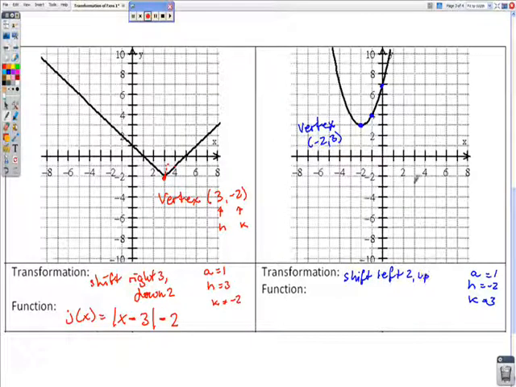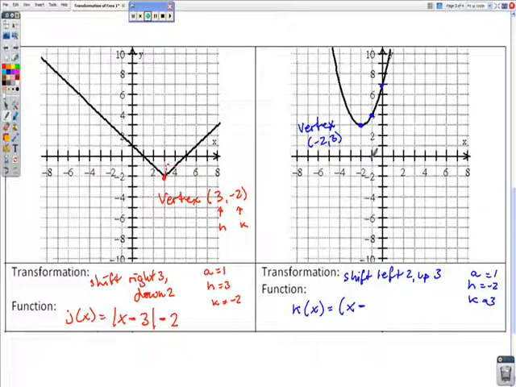So I can write the function. Let's pick another letter, just because we have a whole alphabet, right? A is 1. I can write that, but why? 1 is assumed in multiplication. We have x minus. Okay, now we had a shift left, so h is -2.